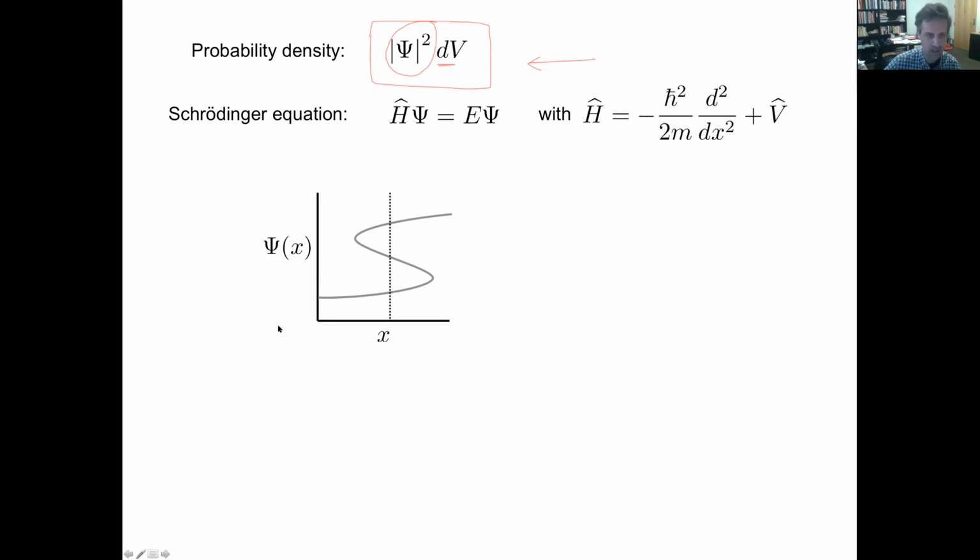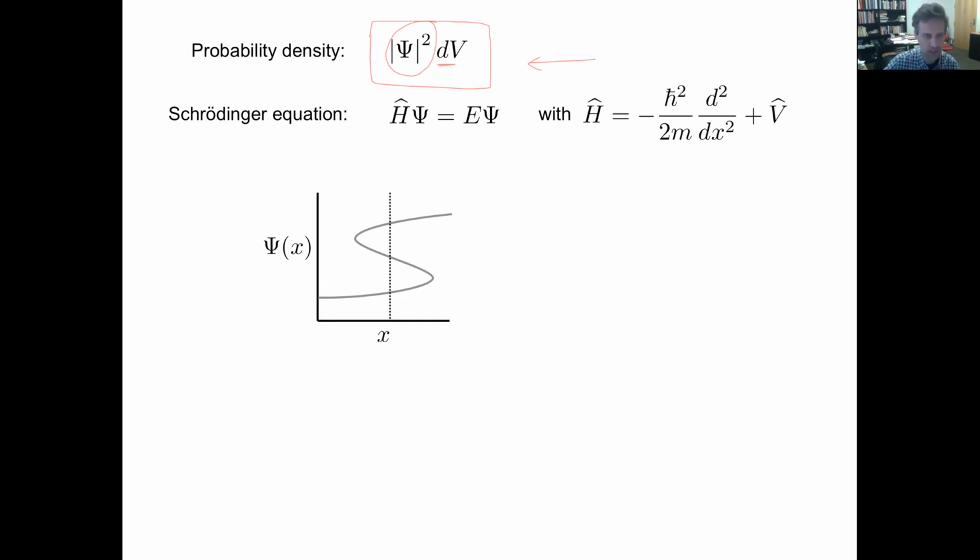So a wave function like the one indicated by the graph over here is not physical. We have to impose a condition on the shape of the wave function. Consequently, because of this Born interpretation, the wave function cannot have more than one value at each location in space. That means that the wave function must be single valued.